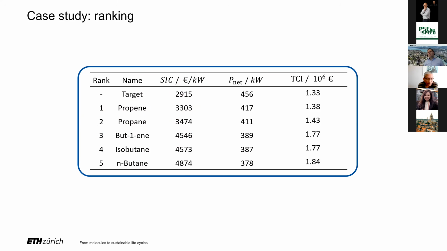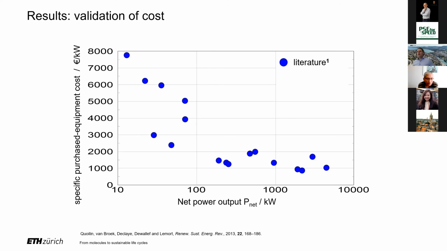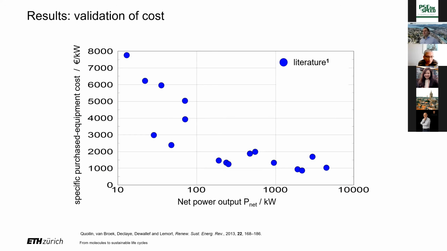In order to validate our methods, we compared ourselves to studies from the literature. People have been collecting data from the literature on the prices of organic Rankine cycles, and you can define something like a Pareto frontier.